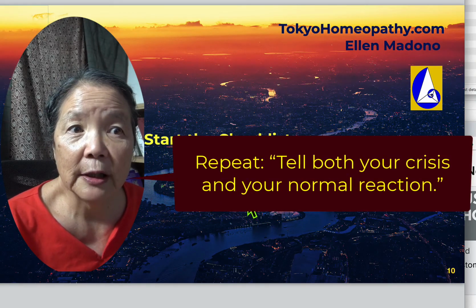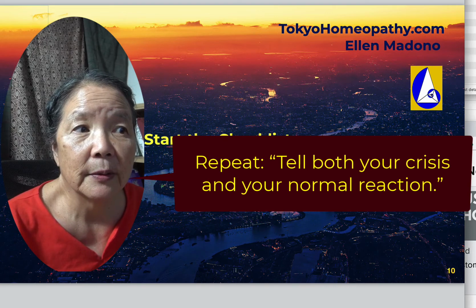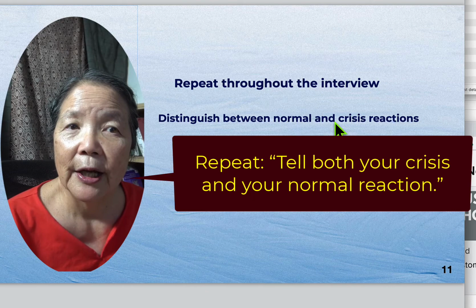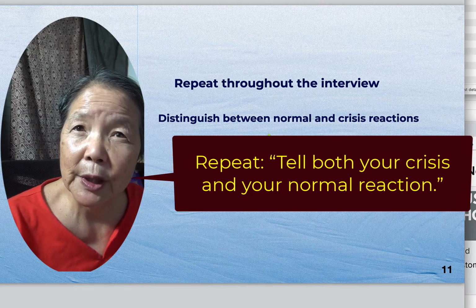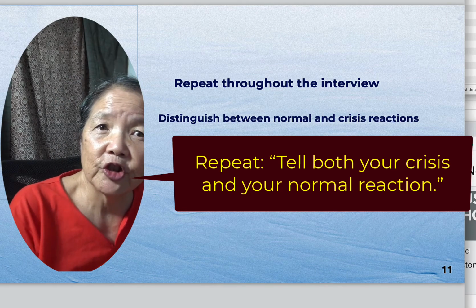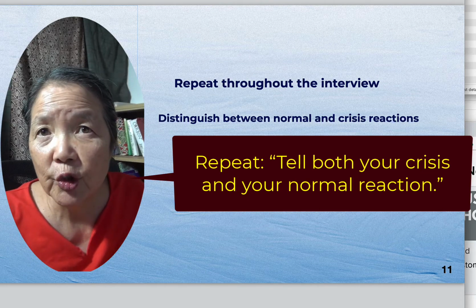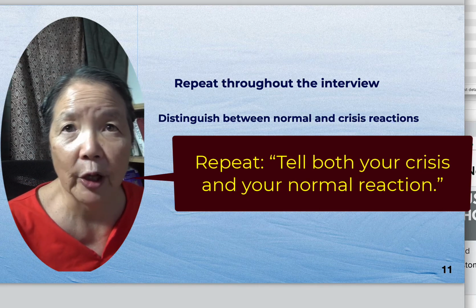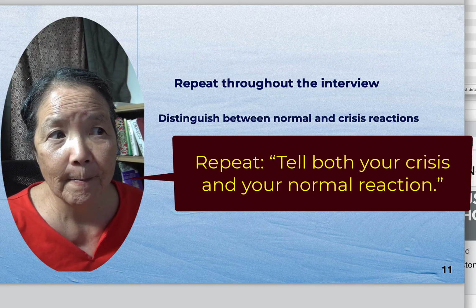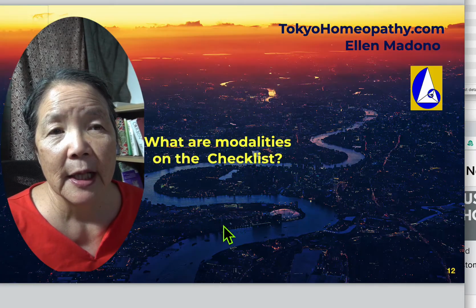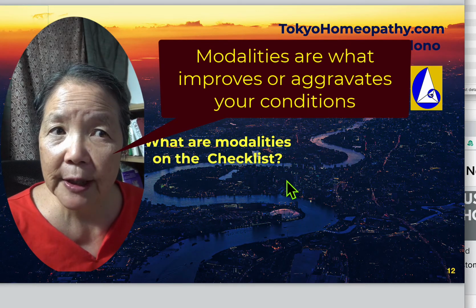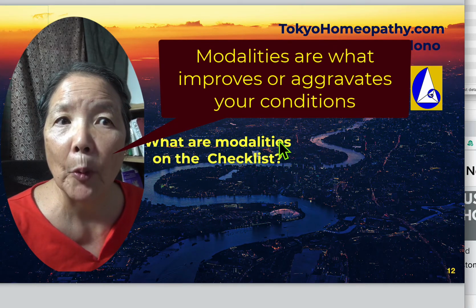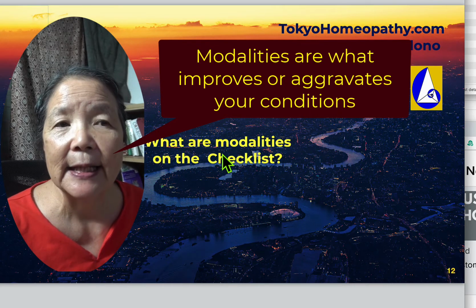So when you start the checklist interview, you're going to keep repeating: What's the difference between your normal reaction and this reaction during the crisis that we're looking for a remedy to help you with? The questionnaire consists mainly of what homeopaths call modalities.